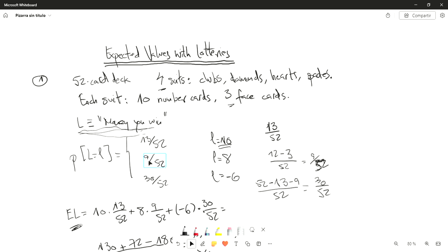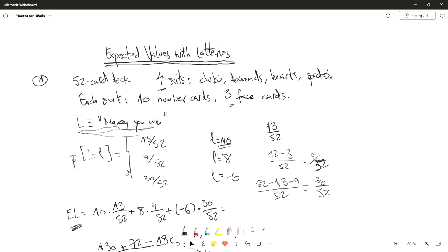Second option was the faces except for the hearts, which are 9, so that's why you subtract 13 and 9 from 52, and those are the favorable outcomes, and that we need to divide by 52, and this gives us a result of 30/52, and this will be the probability for this random variable.